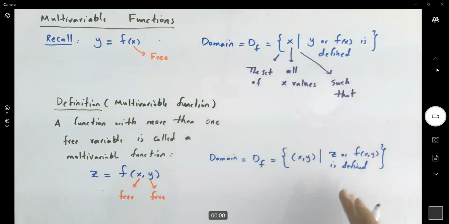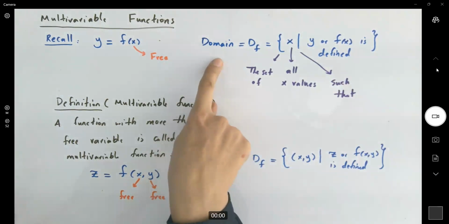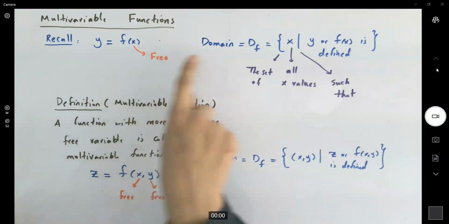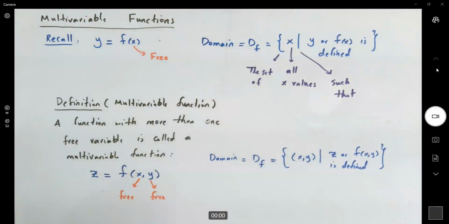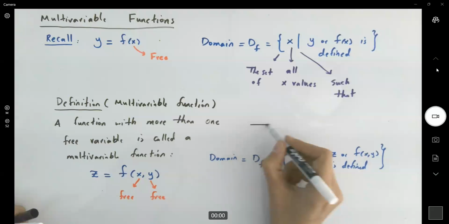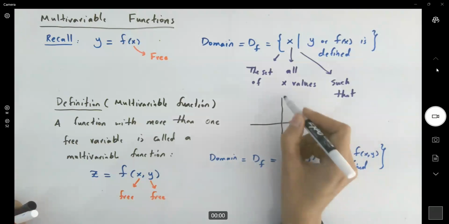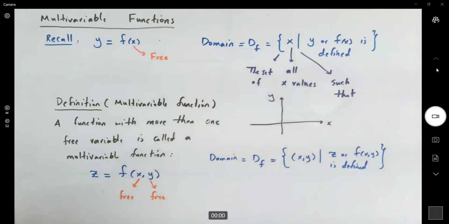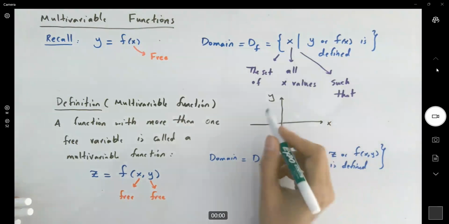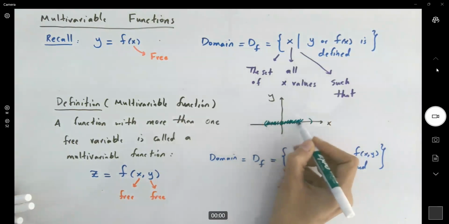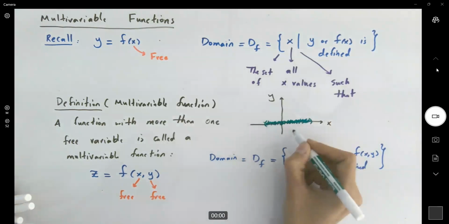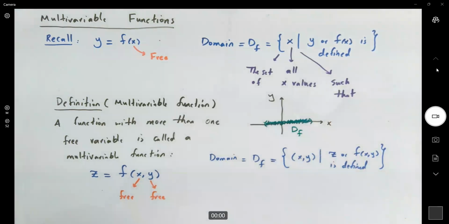So what's the difference between these two? When you're talking about the domain of a function with one free variable, this domain is a subset of the real line. It is part of your x-axis. For example, this is the domain of a function.